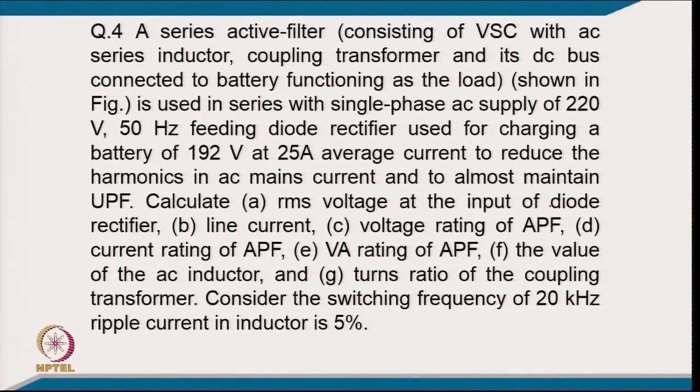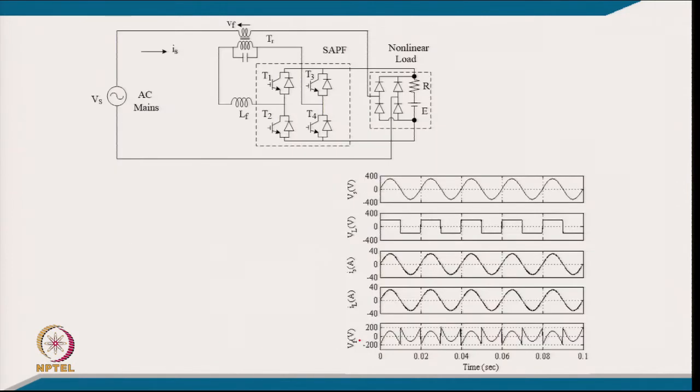Calculate the RMS voltage at the input of the diode rectifier, line current, voltage rating of the series active filter, current rating of the series active filter, VA rating of the series active filter, the value of the interfacing AC inductor, and the turns ratio of the coupling transformer. Consider a switching frequency of 20 kilohertz and inductor ripple current of 5%.